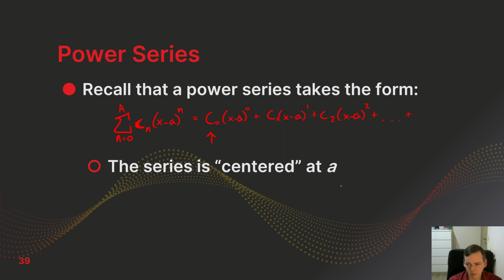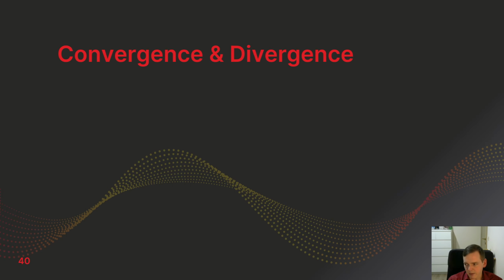And so remember that we say the series is centered at a because we have this x minus a term. And if it's centered at a, we know that the series converges when x equals a.